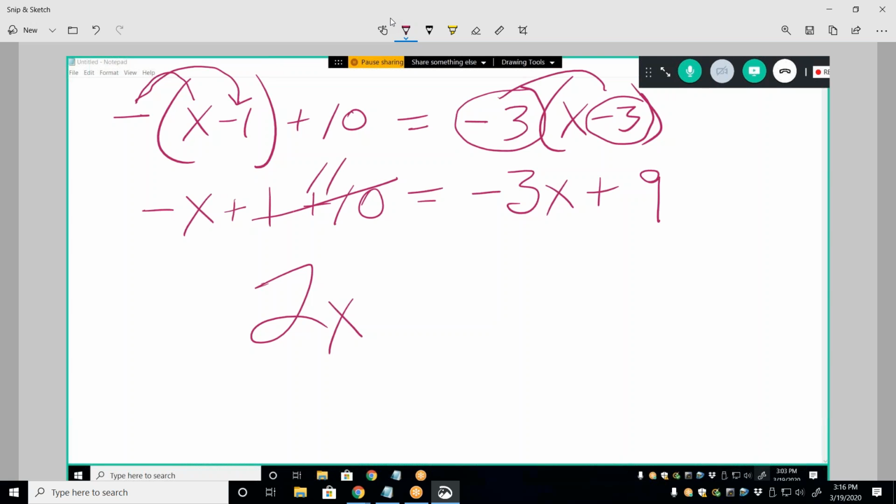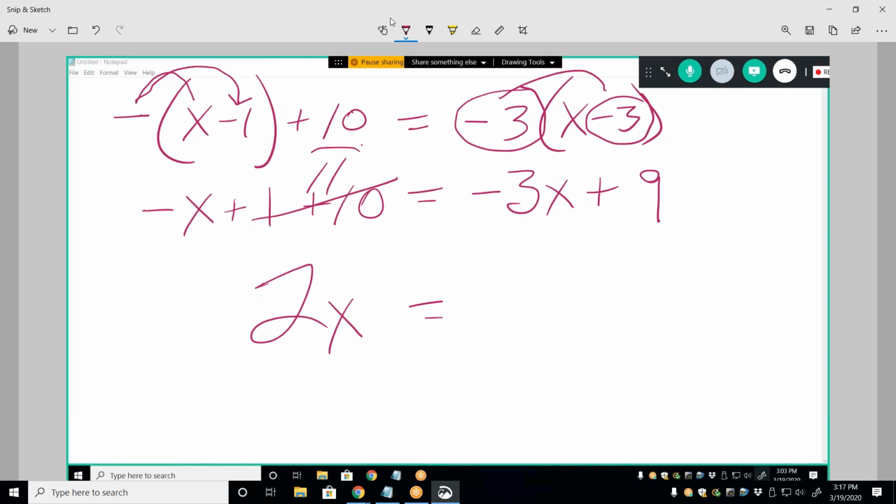So let's get rid of the 11. How do we get rid of the 11? We subtract 9. No, we're moving the 11 to the right.